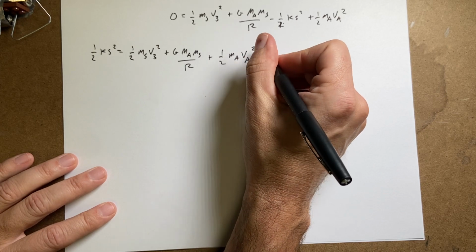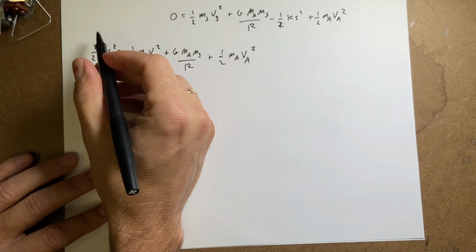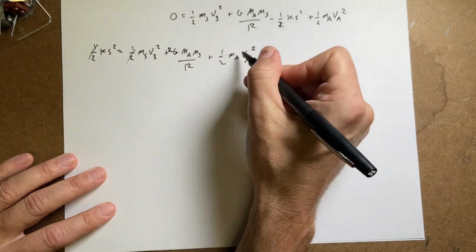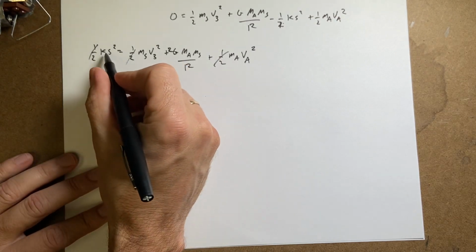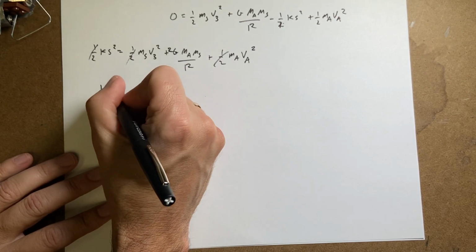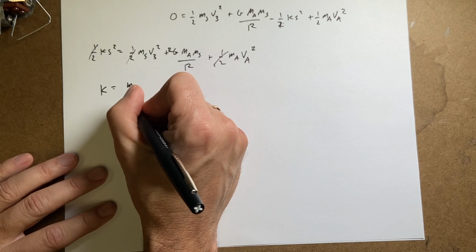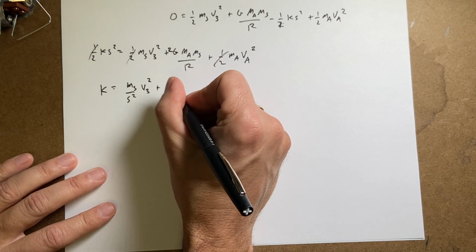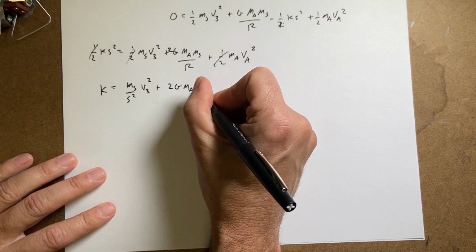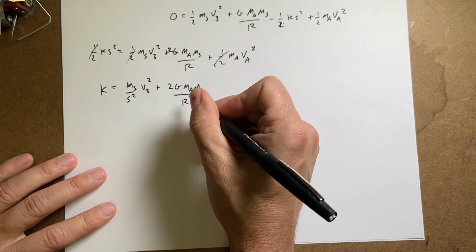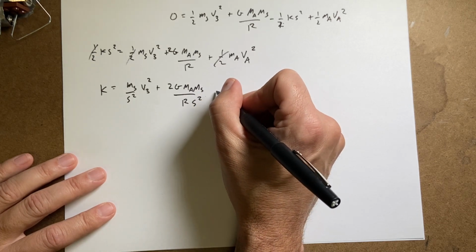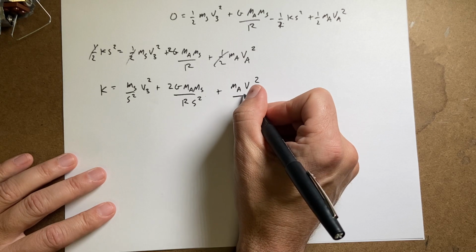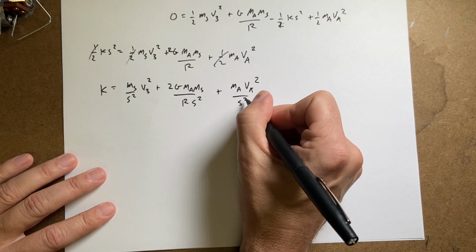And I made a mistake before, so I can go ahead and multiply everything by 2, so the 2s cancel. Now I'm going to divide by s squared, and I get k equals ms over s squared v3 squared, plus 2G ma ms over r s squared, plus ma va squared over s squared.